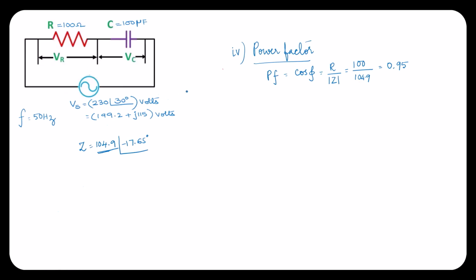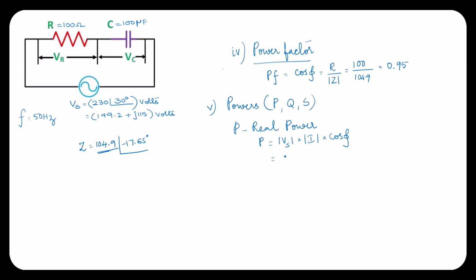Next we have to calculate the different powers. Fifth one is powers. There are three powers, P, Q and S. P is the real power. P is given by P is equal to magnitude of Vs into magnitude of I into cos phi.